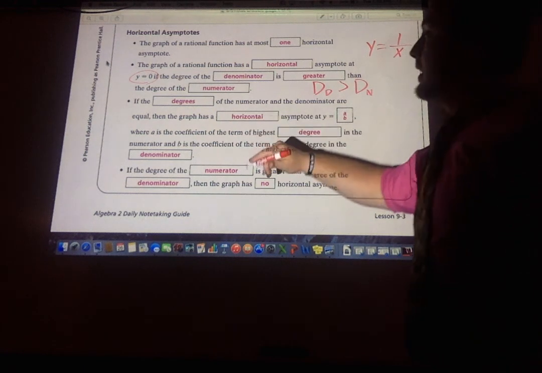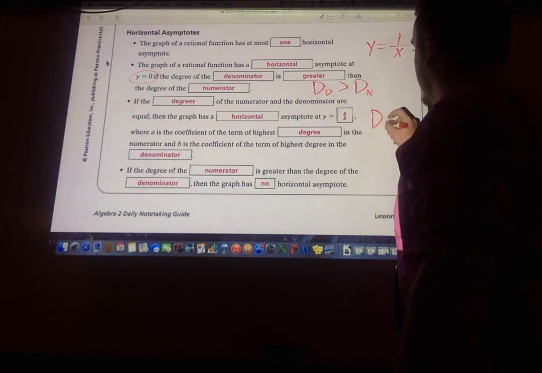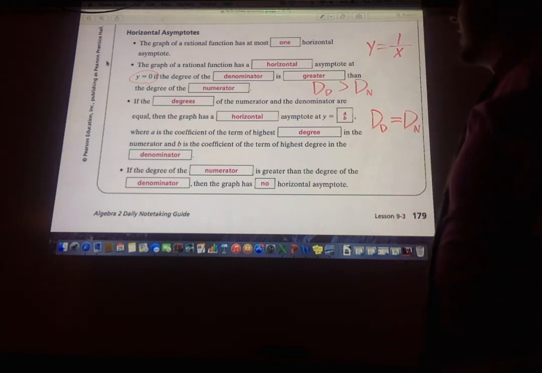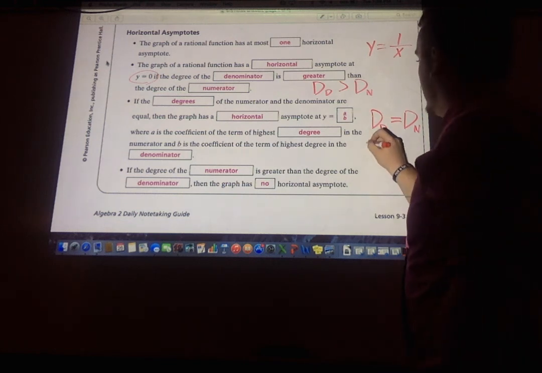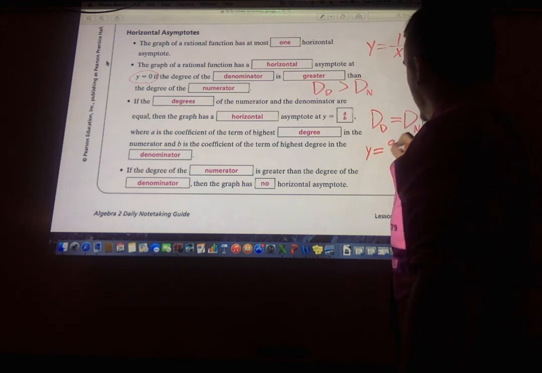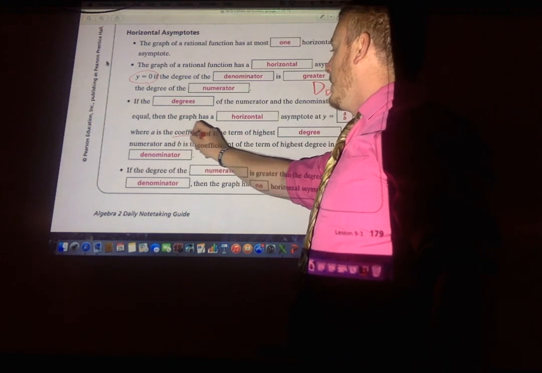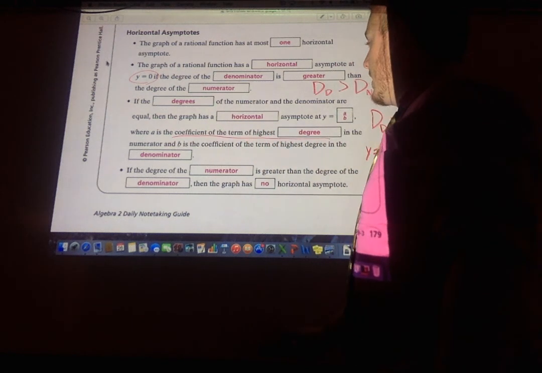All right, if the degrees of the numerator and the denominator are equal, okay, so this time the degree of the denominator is equal to the degree of the numerator, then the graph has a horizontal asymptote at y equals a over b. So y equals a over b. A is the coefficient of the term of the highest degree for the numerator.